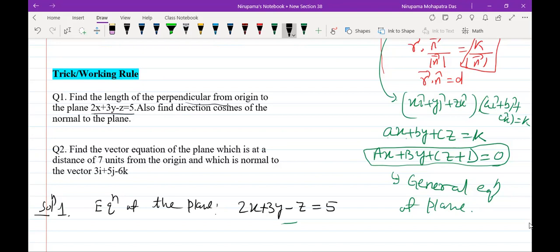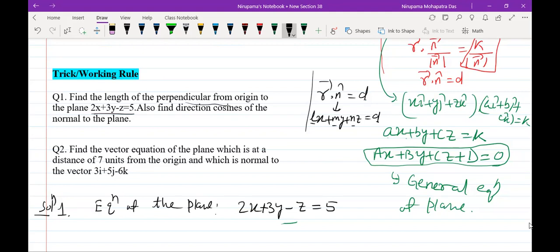As I have told you, one form is r dot n cap equal to d, and the corresponding Cartesian equation is Lx plus My plus Nz equal to D. In this case, L, M, N are direction cosines.